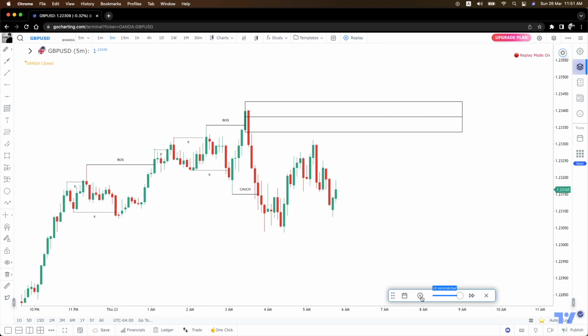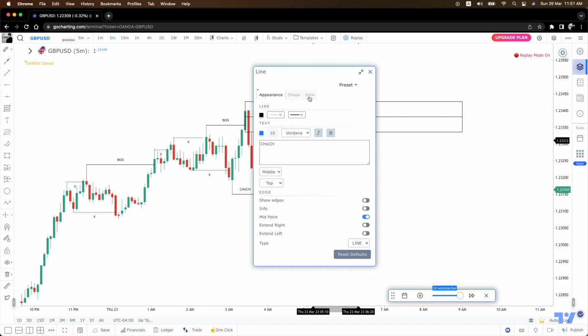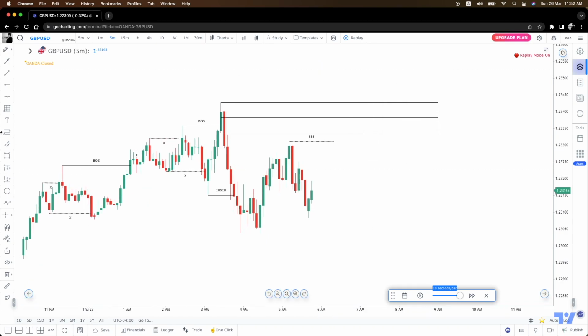In this case, I like what the market is doing right there already, because this is telling me that above these highs there are stop losses. There's liquidity there. At this point, you can feel free to maybe place a short position.